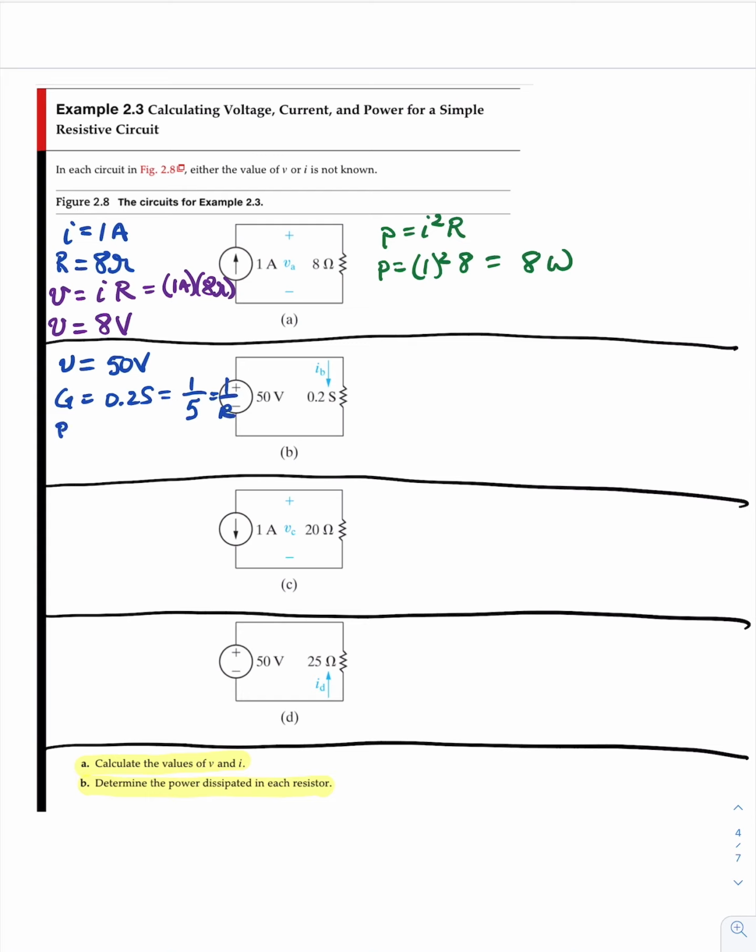So R is equal to 5 ohms. So we can use either the value for conductance or the value for R, but we know Ohm's law.